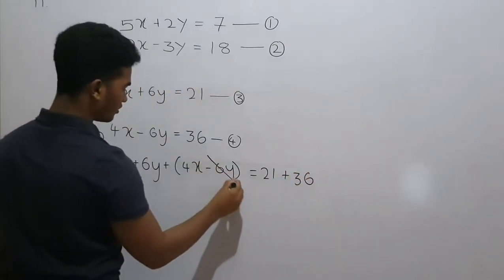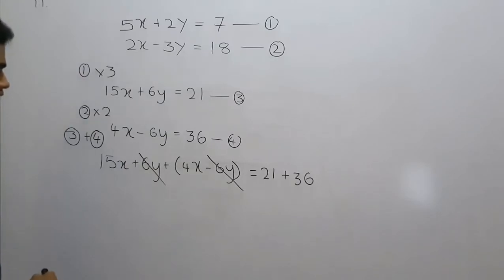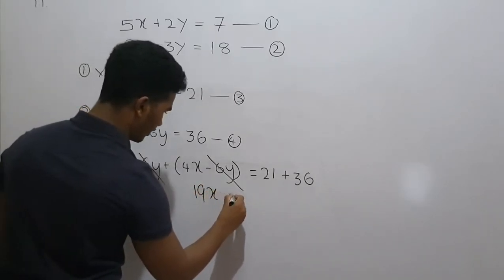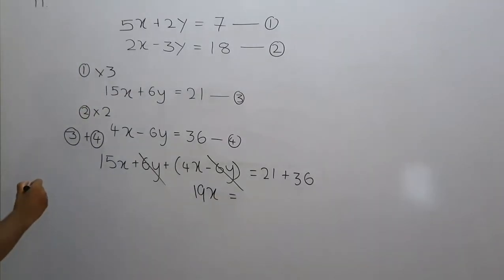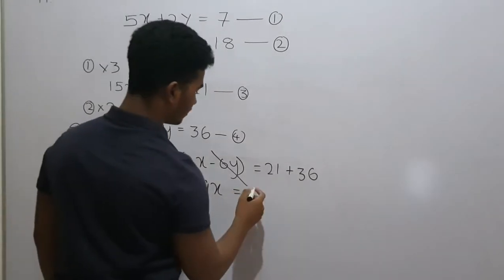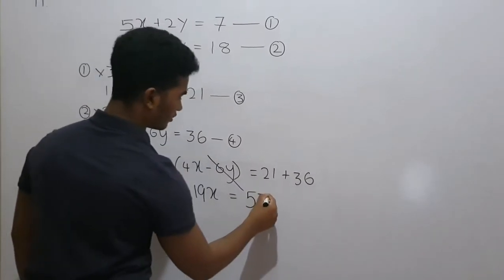So minus 6y and plus 6y will get cancelled, and 19x is equal to 21 plus 36, it's 57.